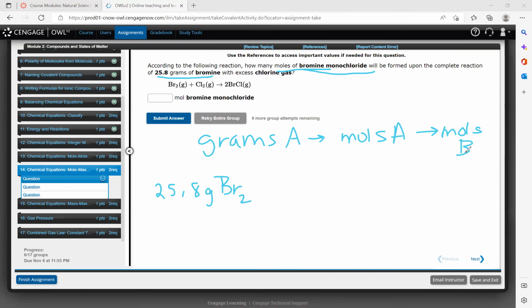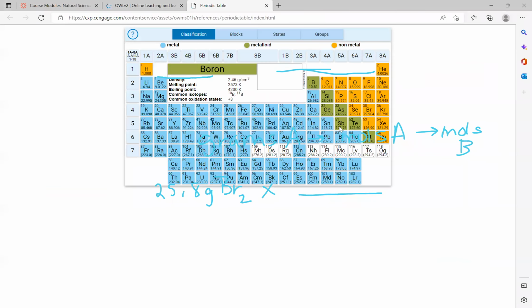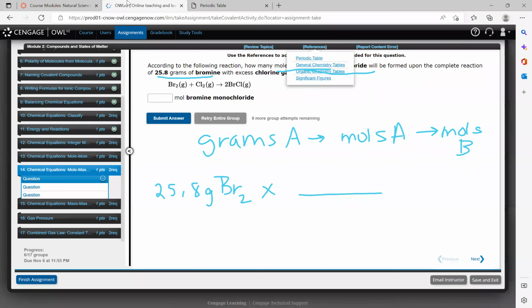And again, that's Br2. And now what we're going to do is we're going to have to find the molar mass of Br2. So we're going to go to our periodic table. Br is 79.90 times 2. Because again, we have Br2 over 1 mole Br2.